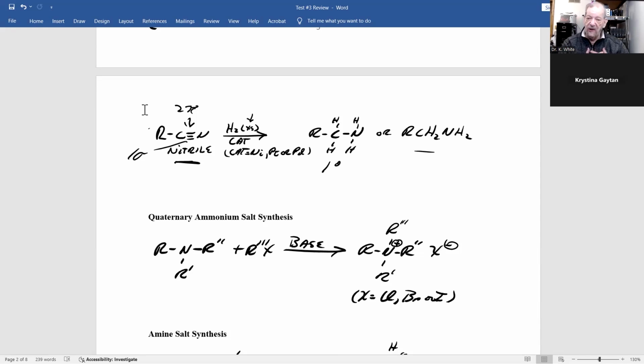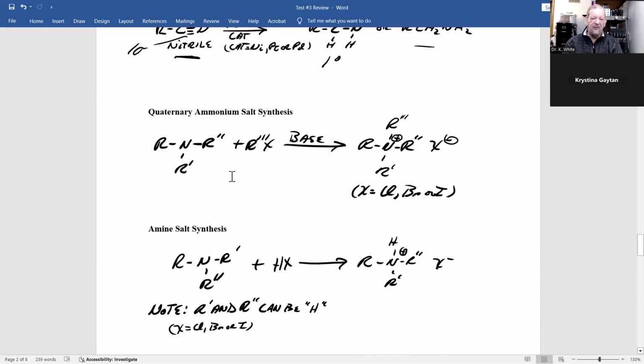Now, something really near and dear to my heart is making a quaternary ammonium salt. And I forgot how many US patents I have using this reaction, a number of them. And here, you take a tertiary amine, react it with an alkyl halide in the presence of base, and you get a quaternary ammonium salt.